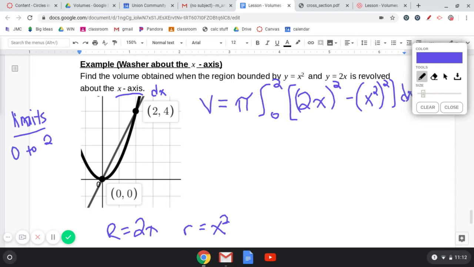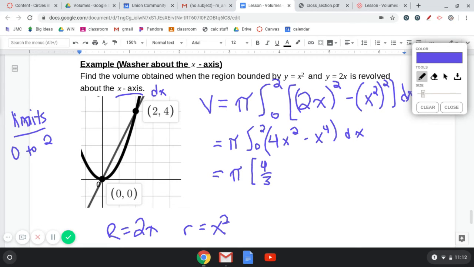Alrighty, so we'll do this one by hand. This is going to be pi times the integral from 0 to 2 of 4x squared minus x to the 4th power dx. Now we'll integrate. We have pi on the outside because you can pull out constants when you integrate. The integral of 4x squared is 4/3 x cubed, minus the integral of x to the fourth, which is 1/5 x to the 5th. We're going to evaluate that from 0 to 2.